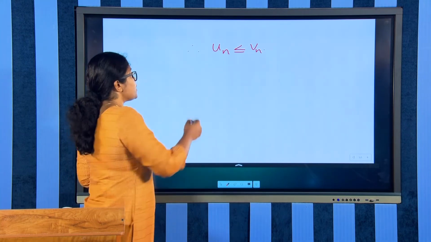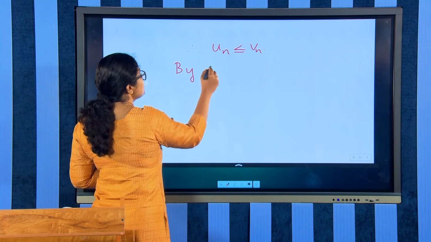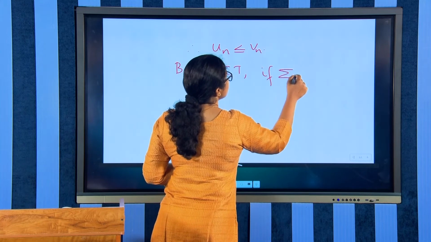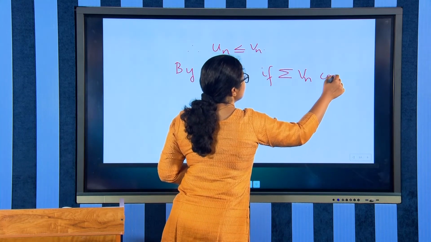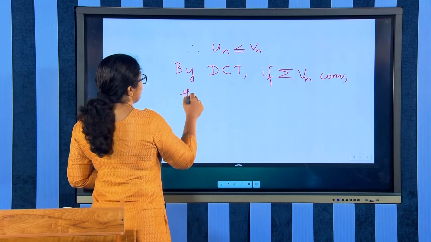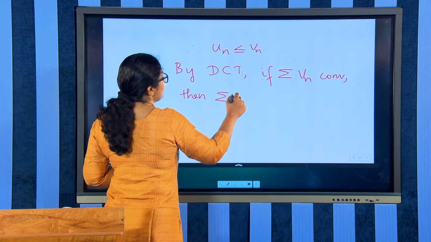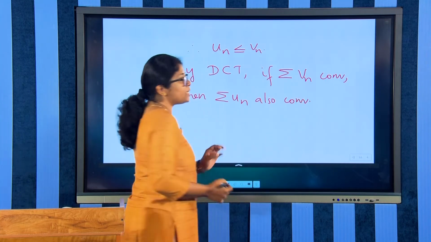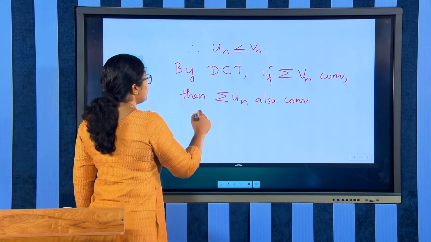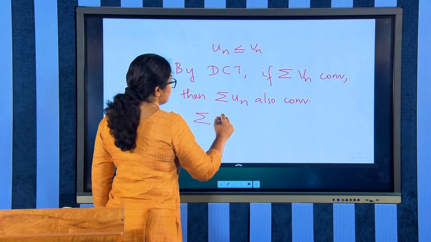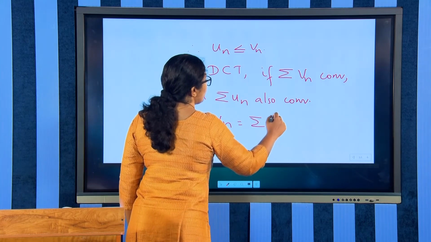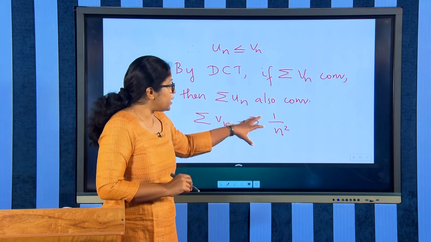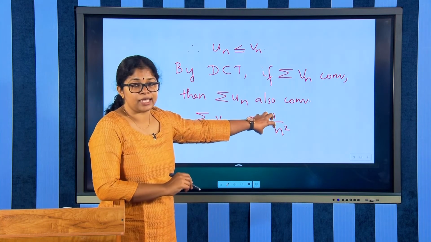Now you can apply the direct comparison test. By direct comparison test, if the larger series sigma Vn converges, then the smaller series sigma Un also converges. This is what the direct comparison test says. And what about the convergence of sigma Vn? Sigma Vn is nothing but sigma 1 upon n square. In the beginning of this class itself, we had discussed the importance of this series.